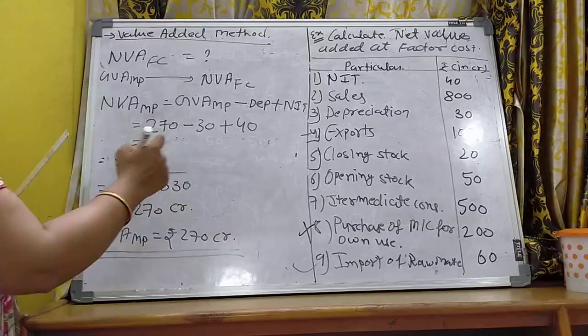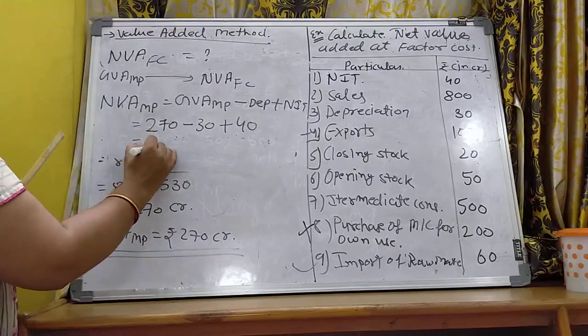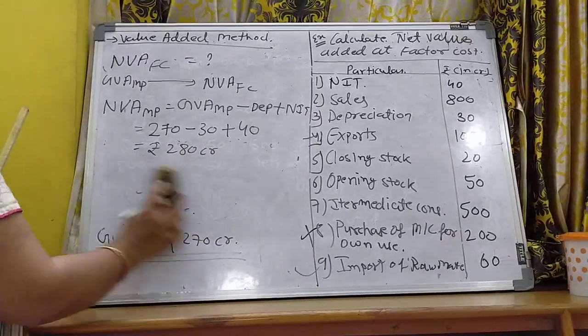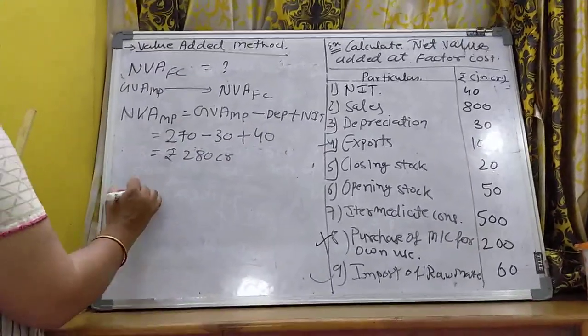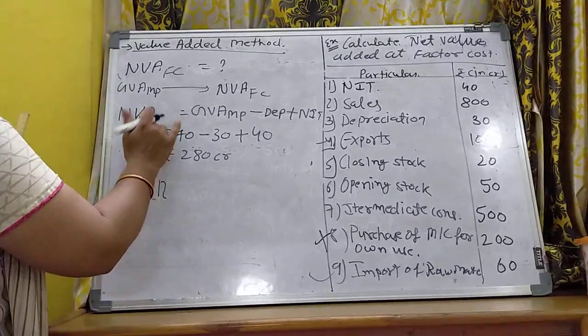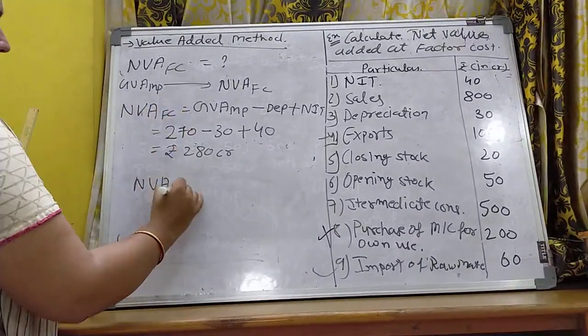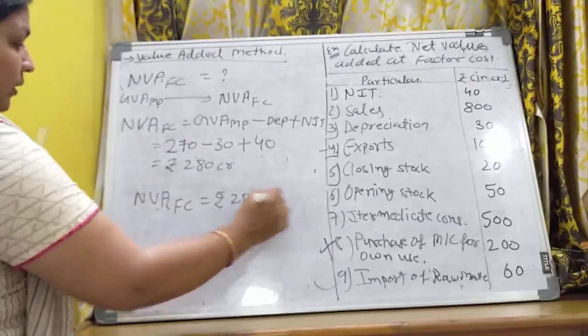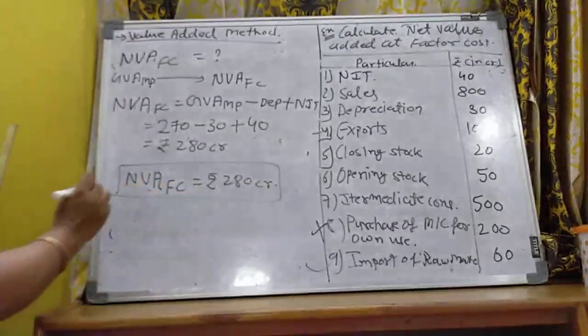So 270 plus 40 minus 30 gives rupees 280 crore. So what is your answer? The final answer is NVA FC equals rupees 280 crore. So this is your final answer.